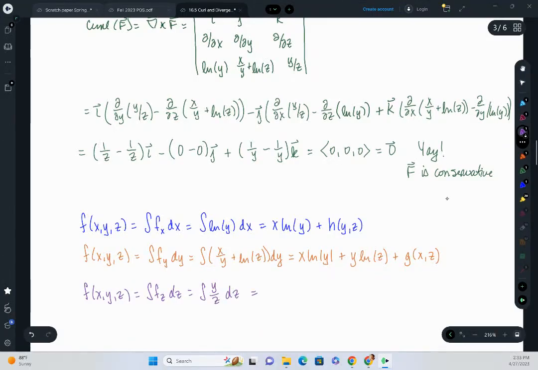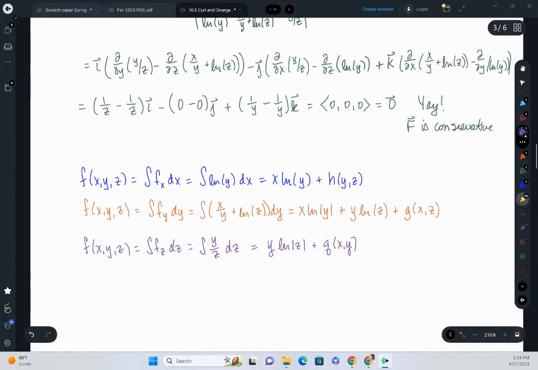Remember that y is just a constant, so we're really integrating 1 over z, which is ln of the absolute value of z, plus q of xy, the constant of integration. All right, so we have 3 representations of f of x, y, z. One of them is x ln of y. The other one is x ln of y plus y ln of z. The third one is y ln of z plus q of xy.